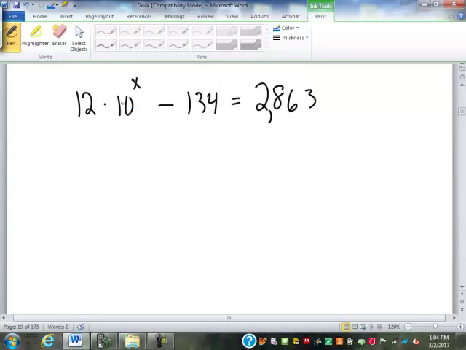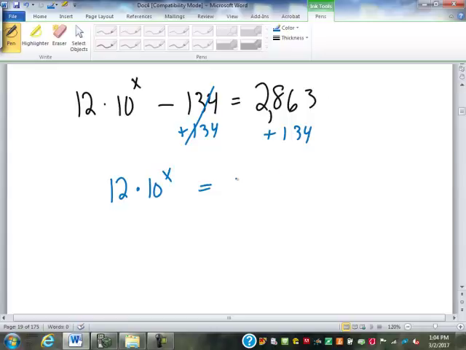So again, I have to isolate that exponential part here. What do I have to get rid of first? I have to get rid of subtraction. How am I going to get rid of it? Add 134. So what's left over here is 12 times 10 to the x.